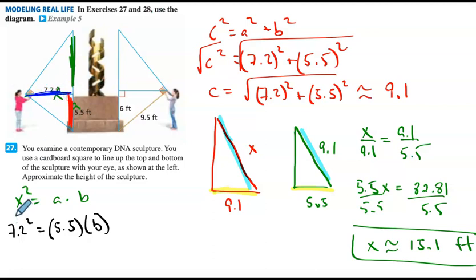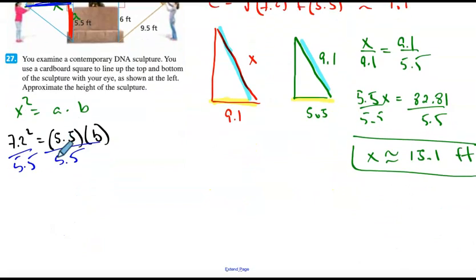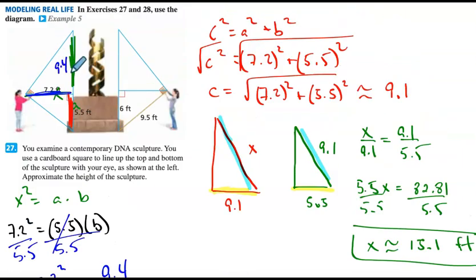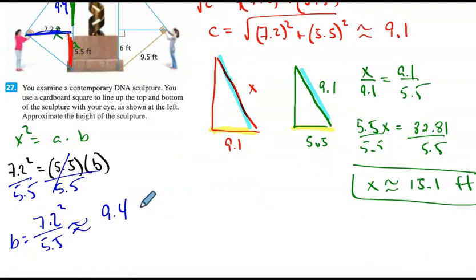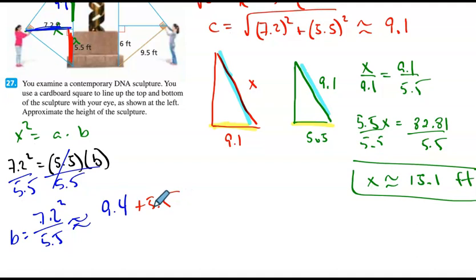So the altitude squared equals the product of the two legs here, a times b. And if you divide by 5.5 in your calculator here, you'll get b equals 7.2 squared over 5.5, which approximately equals 9.4. So this piece here is 9.4, and to get the total height, you're going to take that 9.4 and add 5.5 to it, and you get about 14.9.